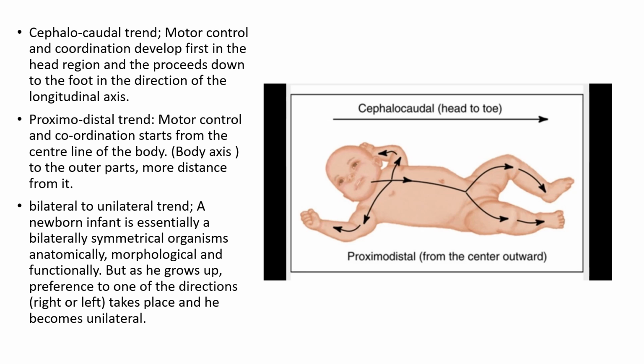A newborn infant is essentially a bilaterally symmetrical organism, anatomically, morphologically, and functionally. But as the child is growing up, a preference for one direction, right or left, takes place, and he becomes unilateral.